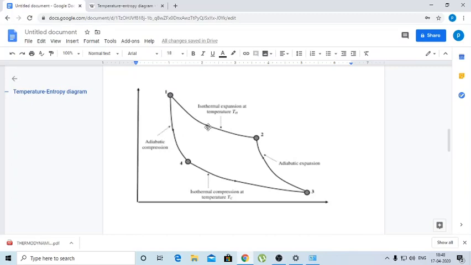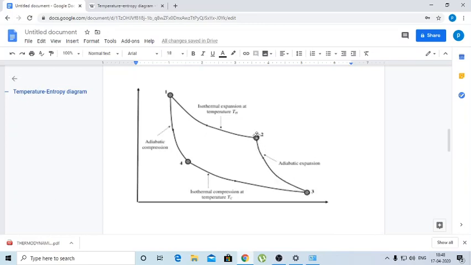Then this line indicates isothermal expansion of the system at the temperature T1. T1 is the high temperature, and the gas or the system is expanded by means of a source which is at the temperature T1. Later on, the system is expanded again in an adiabatic process.